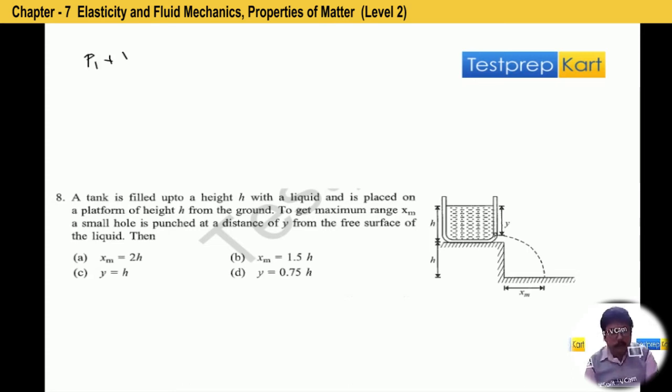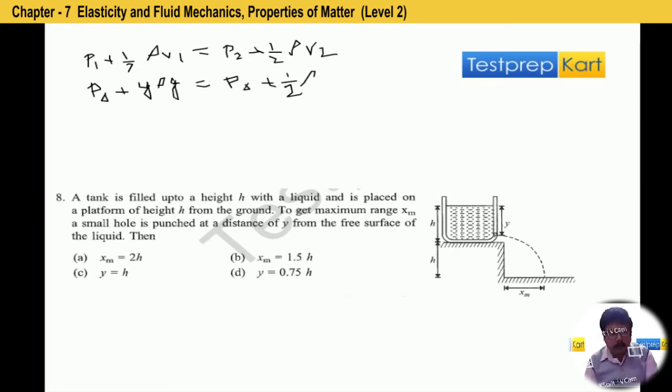Then P1 plus half rho V1 square should be equal to P2 plus half rho V2 square. From the picture we can say P naught plus y rho g is equal to P naught plus half rho V2 square. P naught cancels, rho cancels, so V2 is root over 2yg.